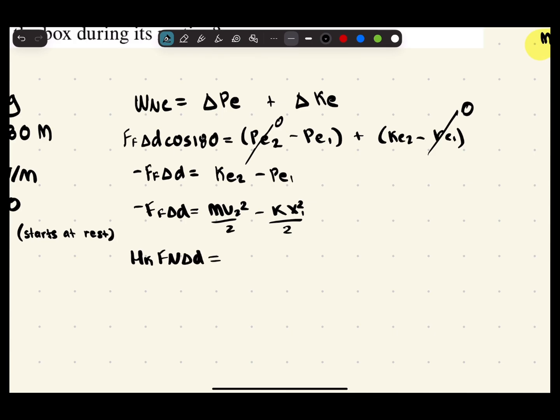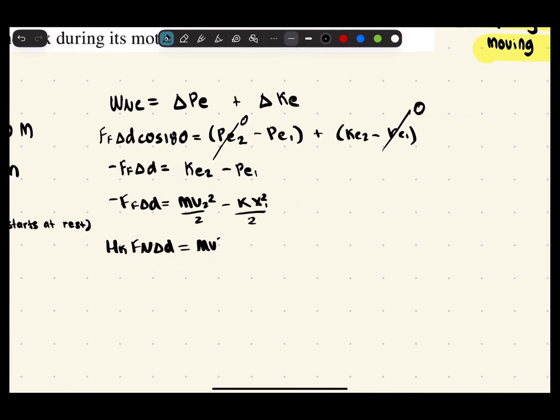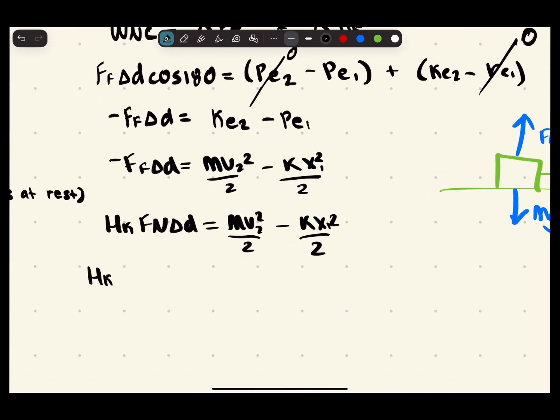In this situation, the box is not moving in the vertical at all. It's only sliding against a surface going this way. So the force of gravity would be equal to Fn. So we can say mu k m g, oh sorry, there should be a negative there.